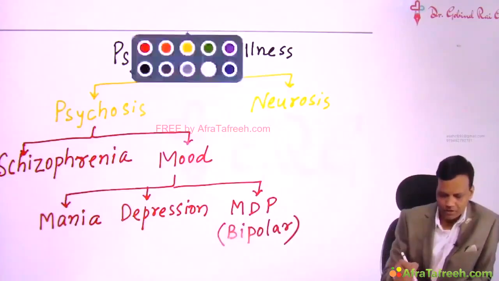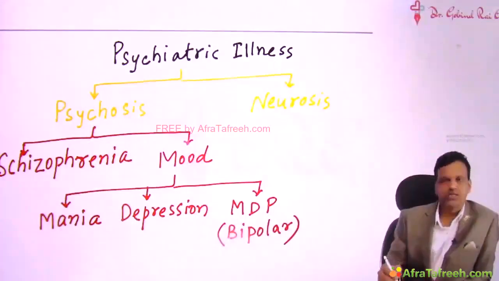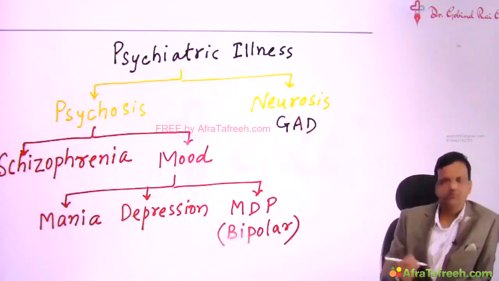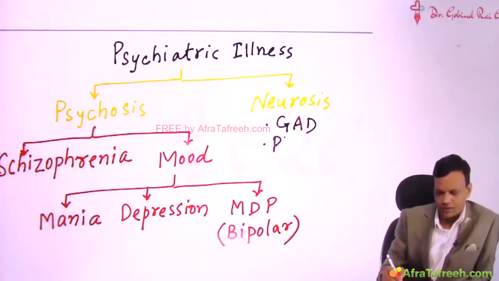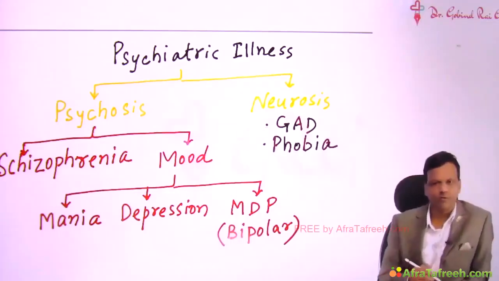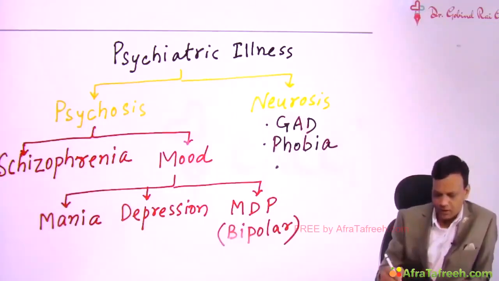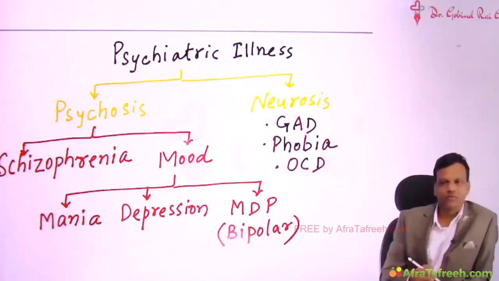Now examples of neurotic disorders include generalized anxiety disorder. We have phobias, meaning fear of something: fear of height, fear of open spaces, fear of closed spaces. Another disorder is obsessive compulsive disorder.